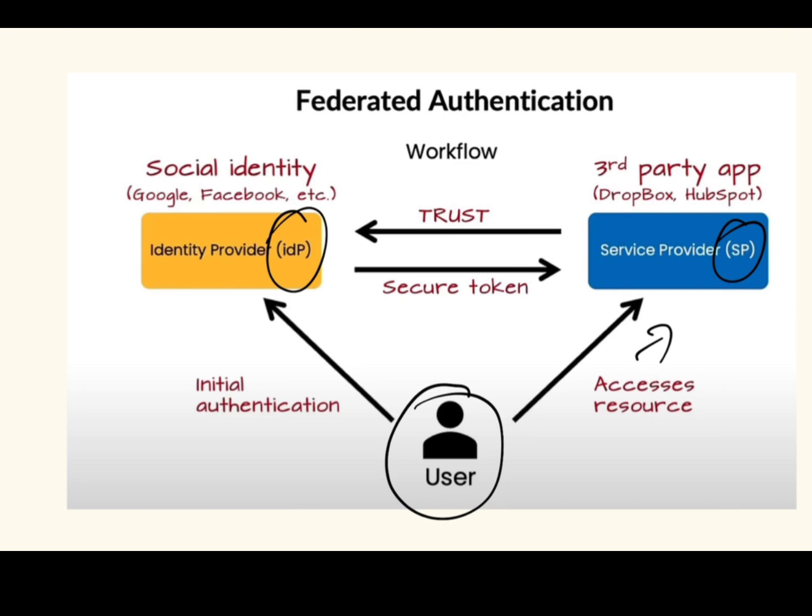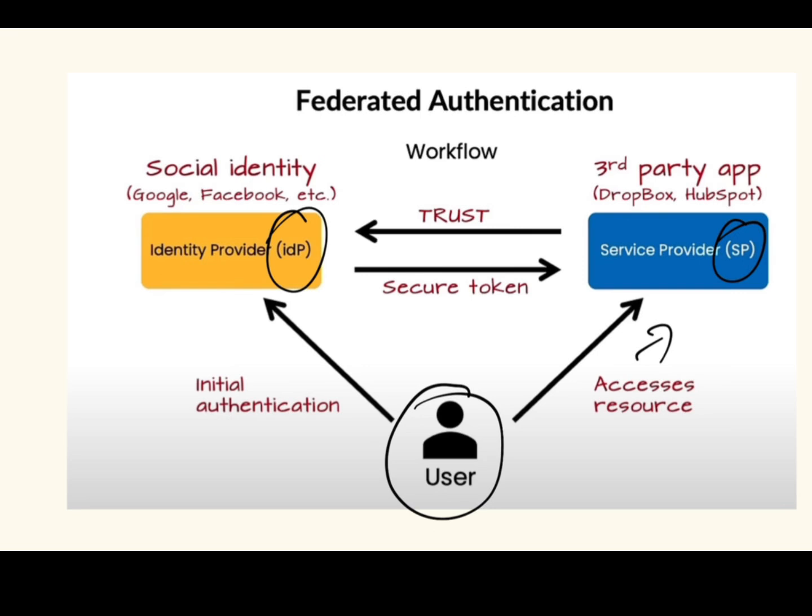So how does the flow work? Initial authentication: the user logs in to the IDP, like Google, the identity provider. In the second step, you can see the token issue.